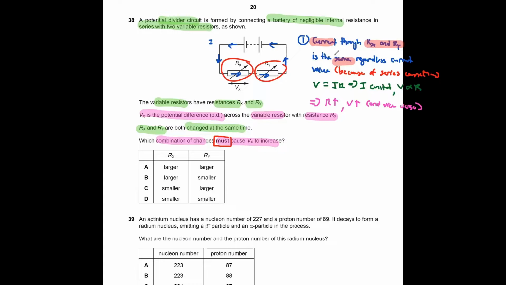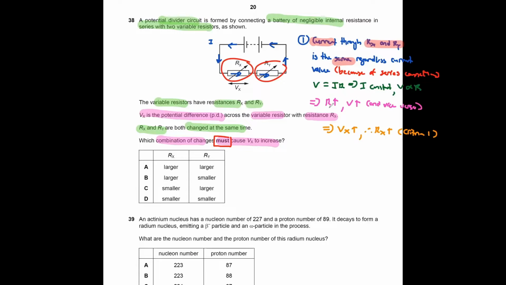So in my case, if I want Vx to increase, therefore Rx must increase. Okay, this is number one, the first criteria. This is criteria one. In order for my Vx to increase, my Rx must also increase.